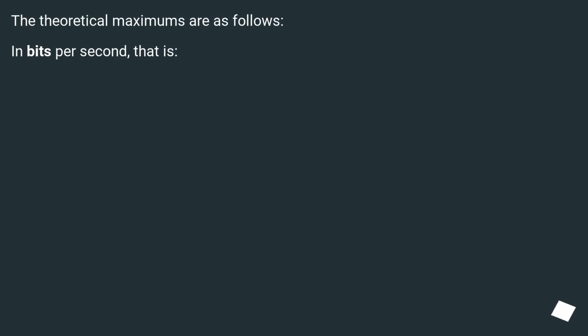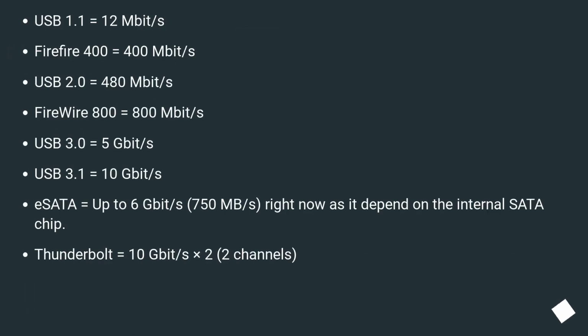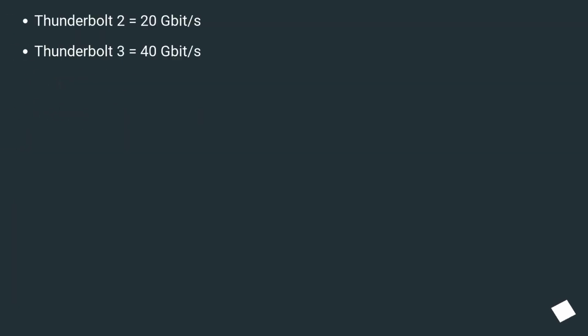The theoretical maximums are as follows. In bits per second, that is: Thunderbolt 2 equals 20 Gbps, Thunderbolt 3 equals 40 Gbps.